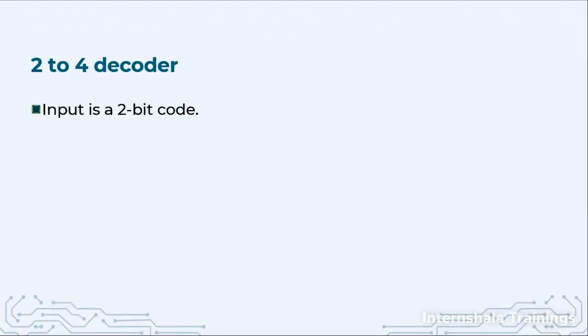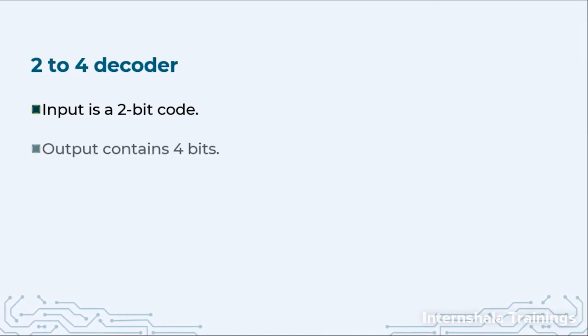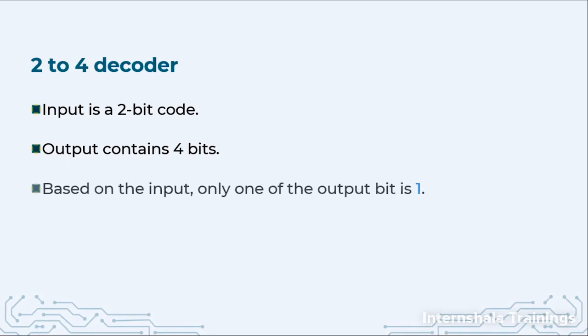So decoder will have 2 bits as input and 4 bits as the output. This is what 2 to 4 represents. That means 2 input bits to 4 output bits. Based on the input bit combination, only one of the output bits will be 1, other 3 will be 0.